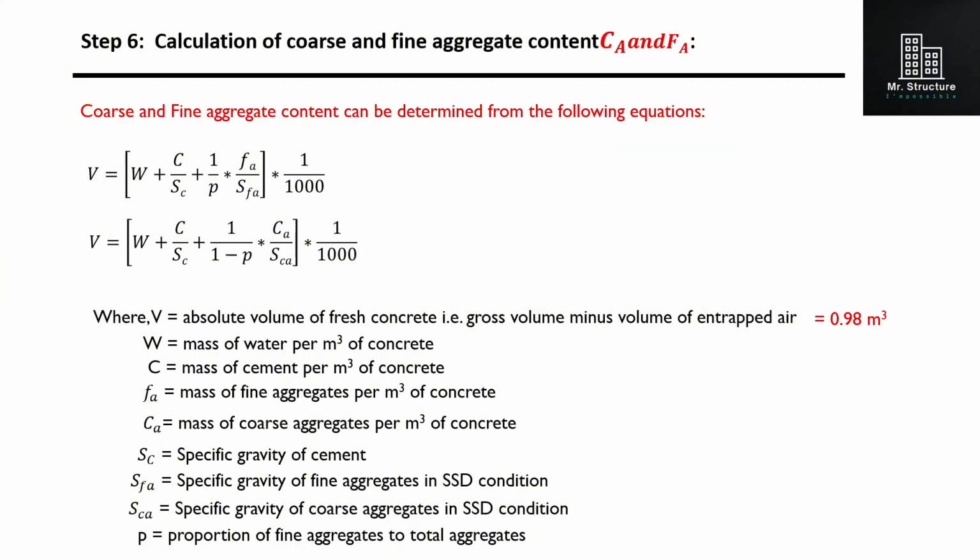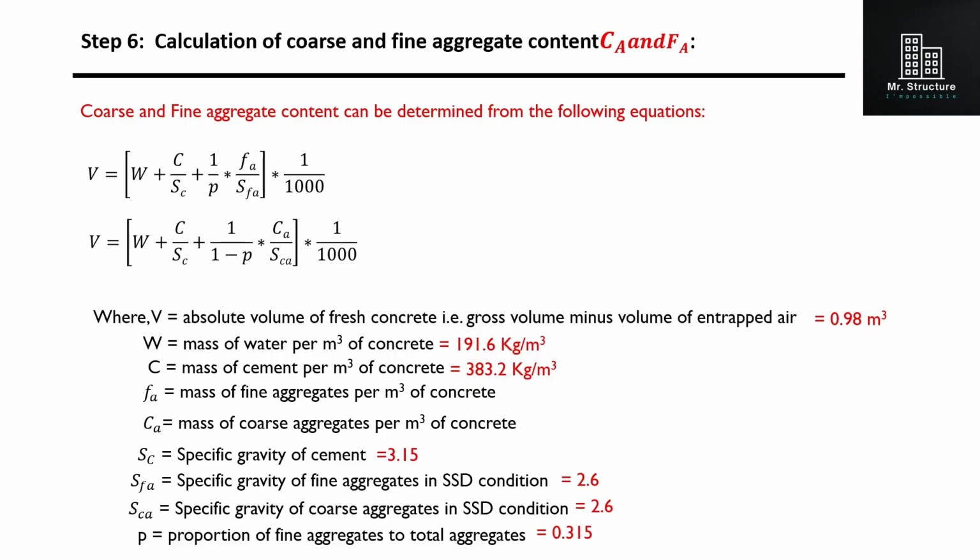We have A equal to 0.98 meter cube, W equal to 191.6 kg per meter cube, C equal to 383.2 kg per meter cube, Sc equal to 3.15, Sfa and Sca equal to 2.6 and P equal to 0.315.